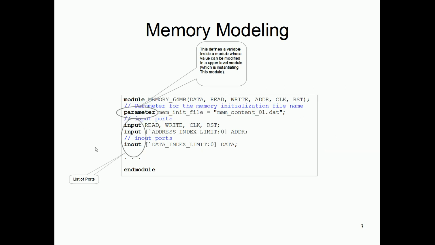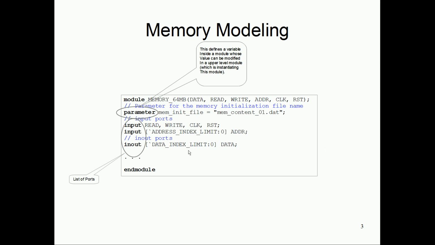Then we'll come back to the parameter file a little bit later, but let's put the obvious things out of the way. The inputs we list as 1-bit inputs: read, write, clock, reset, and of course the address, a 26-bit bus, using the macro address index limit, which is defined in the prj underscore definition.h file.